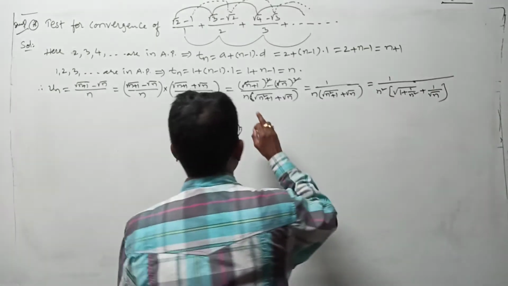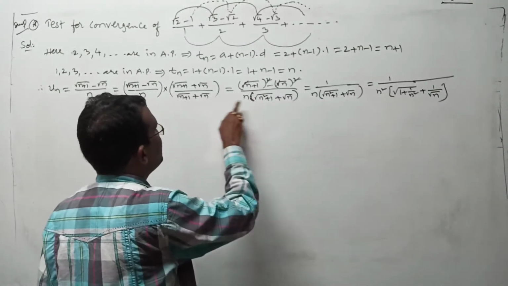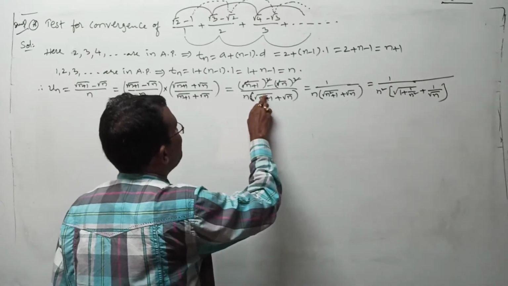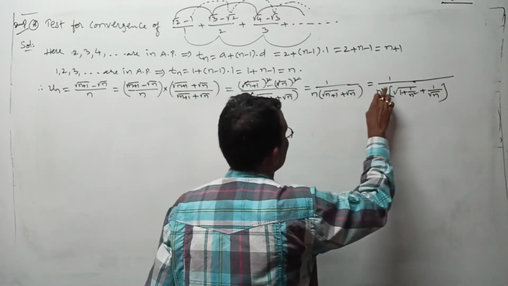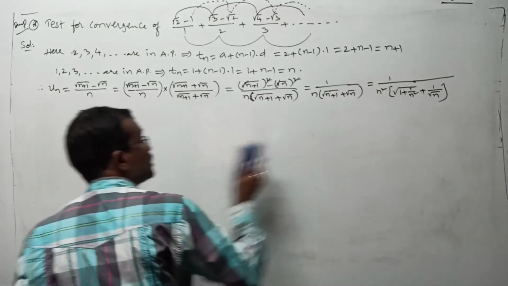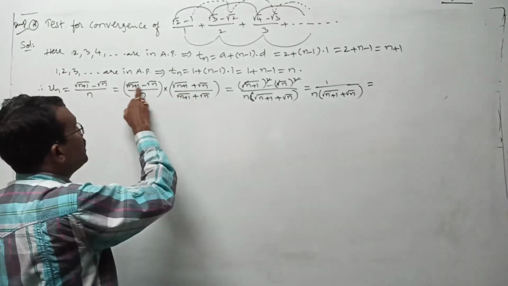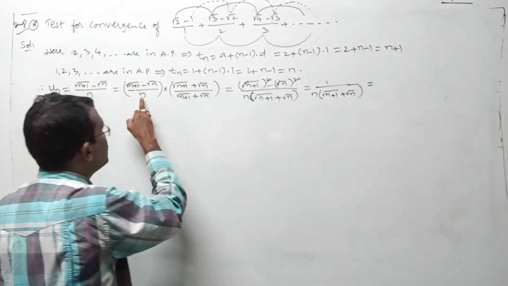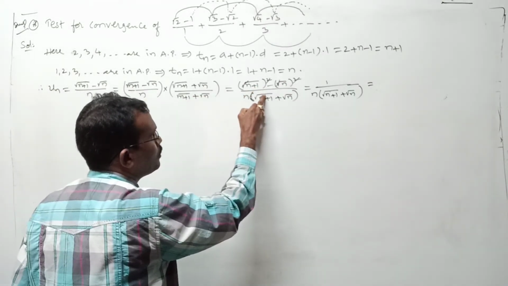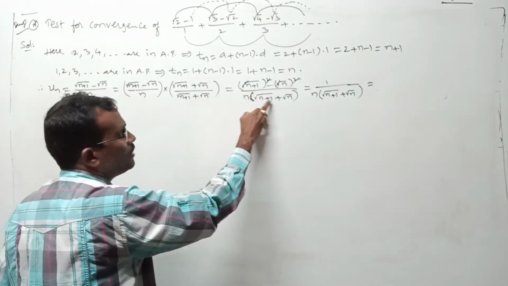Excuse me, one minute, here I did one mistake. This is actually n plus 1 only, I have not taken n. Sorry, one minute, here I will make it correct. Here suddenly I wrote n square. Here actually a minus b into a plus b is a square minus b square, this is n into this only. It is n into root of n plus 1 plus root n.